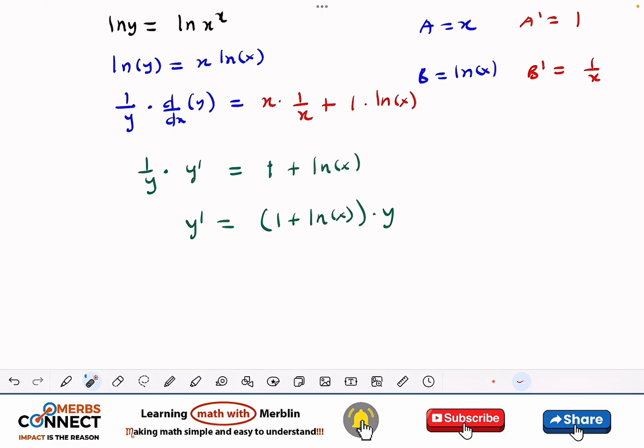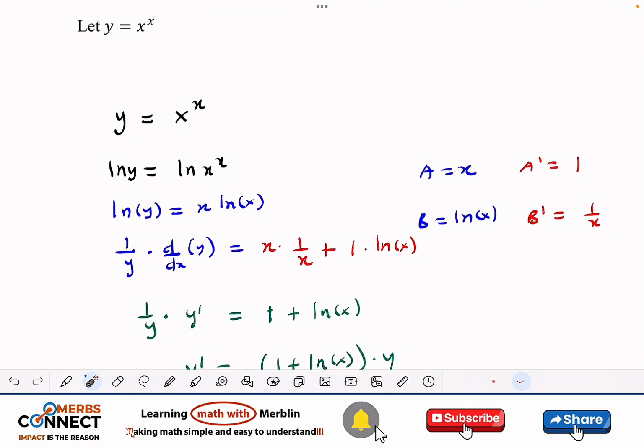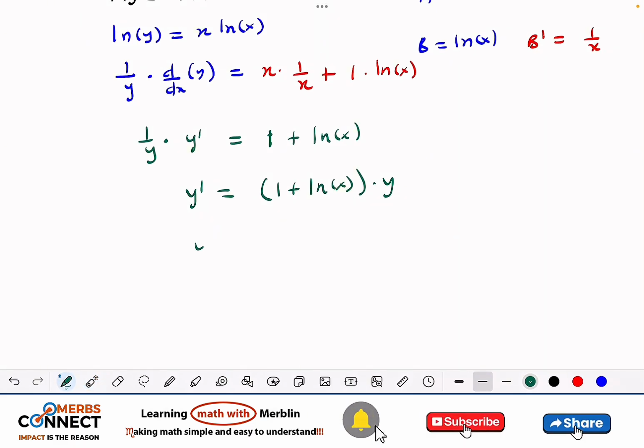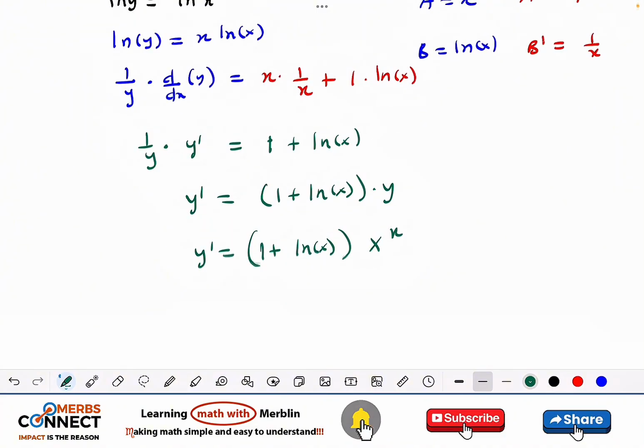But anytime you are dealing with an explicit function, the final result should be in terms of x. So we need to go and look for y. What is y? y was x to the power x, and our y prime is going to give us 1 plus the natural log of x times x to the power x. So this is what we are going to get at the end of differentiating it.